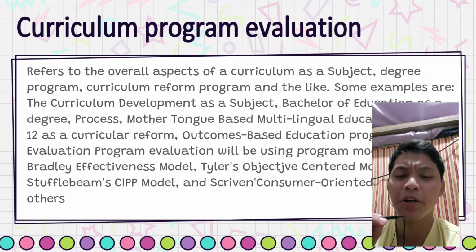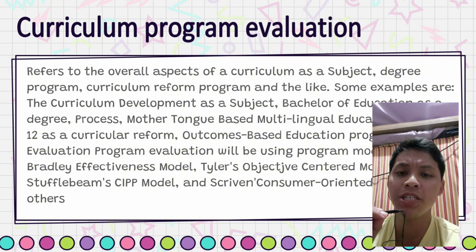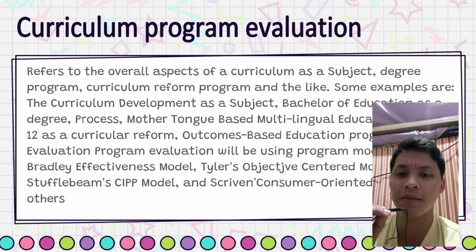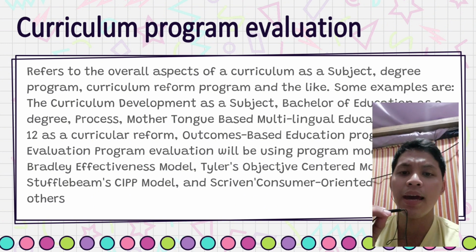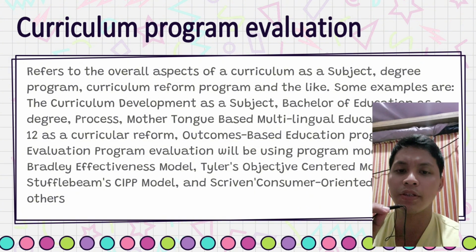What is curriculum evaluation? When we talk about the big picture of what students learn, we're looking at things like the subject taught, a degree program like Bachelor of Education, and changes made to the curriculum, such as including different languages in K to 12 education.